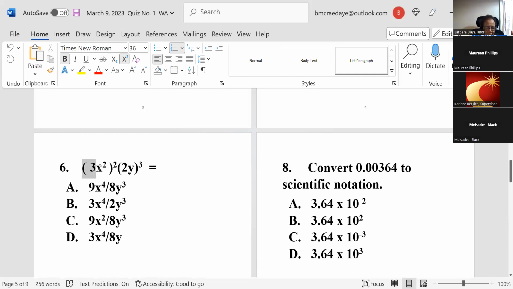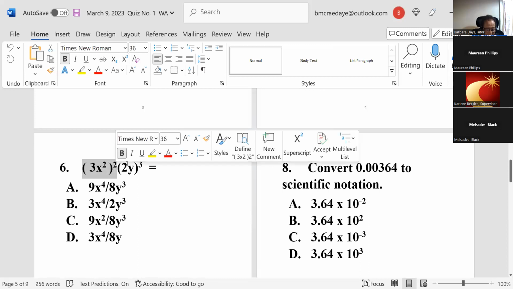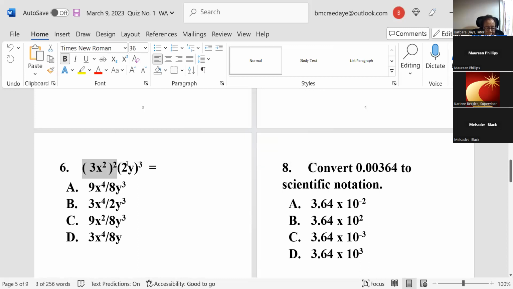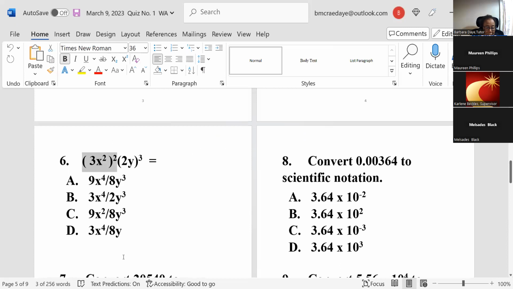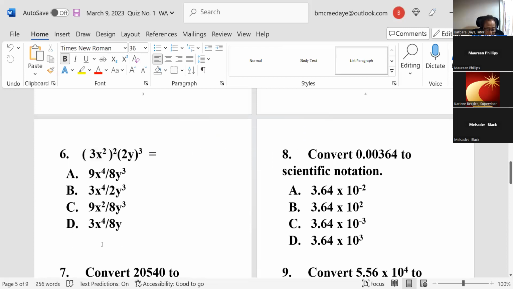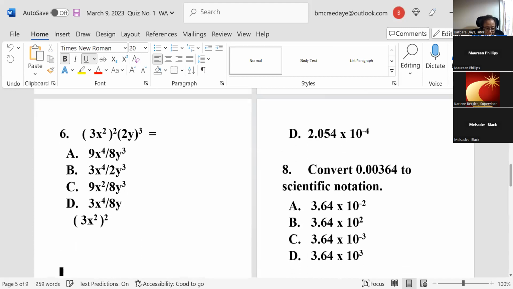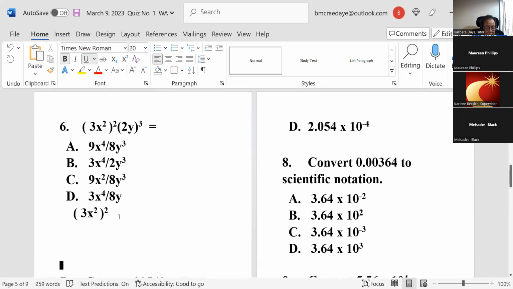So let's just copy that here, and she knows that it applies to both. Let's get that out of the way. Now, Maureen, what is that equal to?